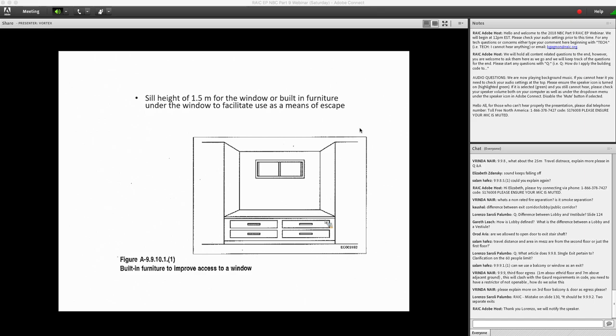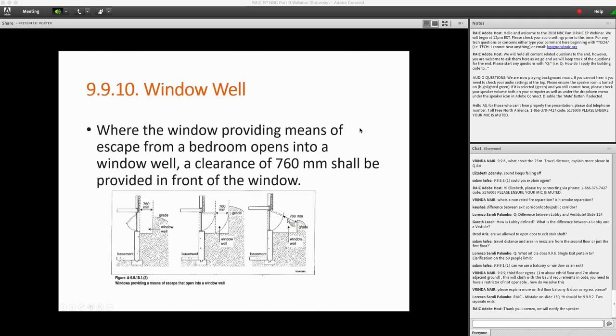The code actually identifies the difficulty in trying to meet this requirement, and for that matter, it has that suggestion in Note A-9.9.10.1(1) of the code. It's just a suggestion. Just imagine escaping from that.